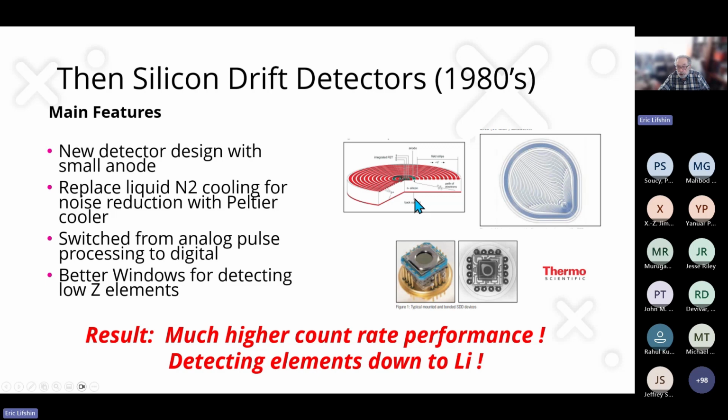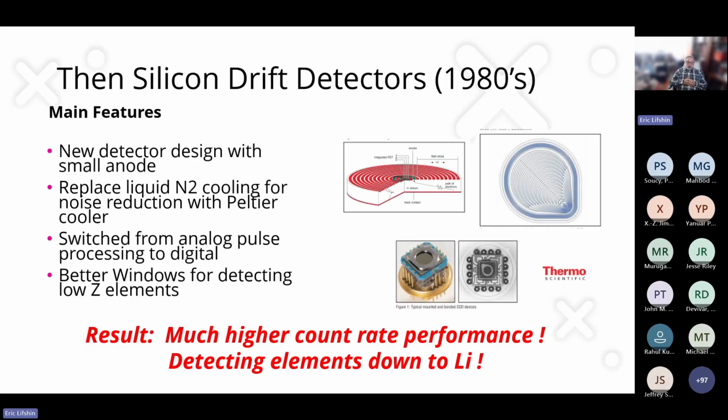The X-ray still entered through here, but you had all these voltage rings and this central anode, which resulted in a very low capacitance. Plus, this thing could sit on a Peltier cooler, getting down to about minus 20 C, and therefore you didn't need to keep refilling it with liquid nitrogen, which was great.